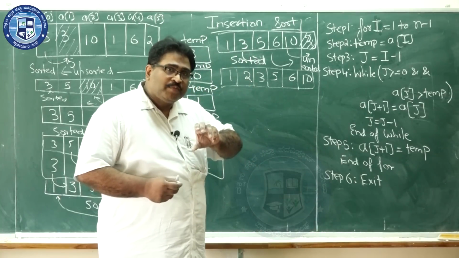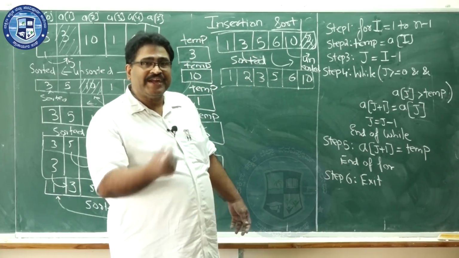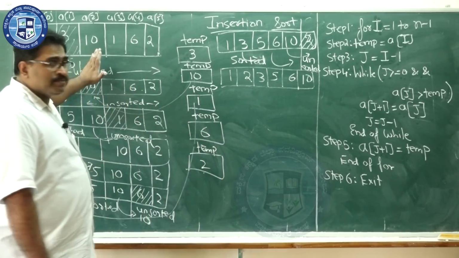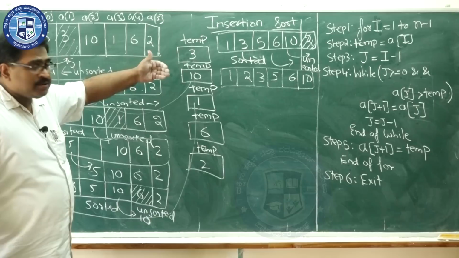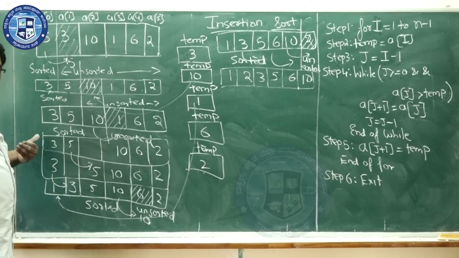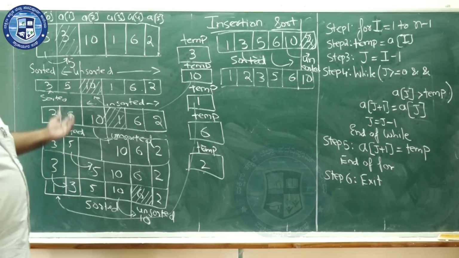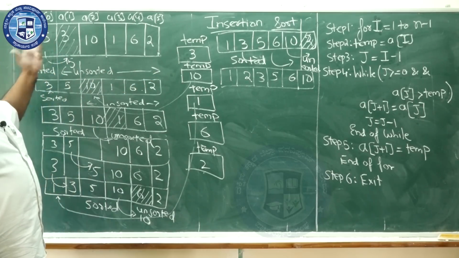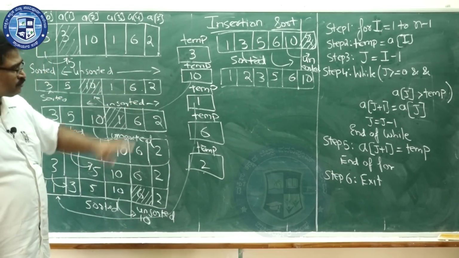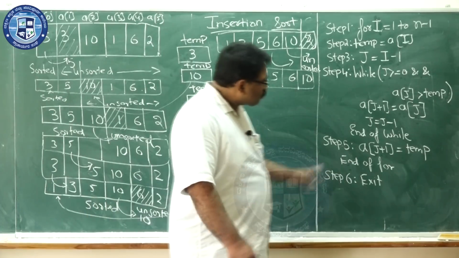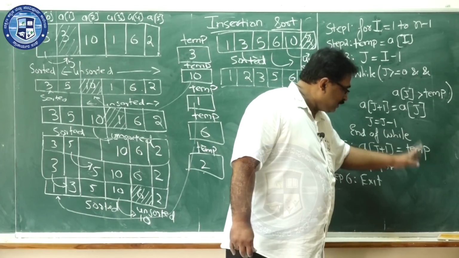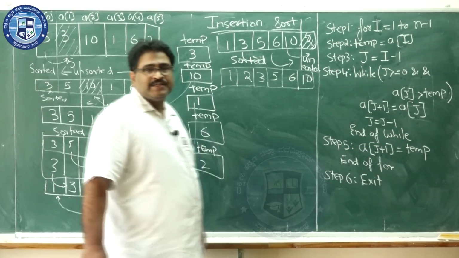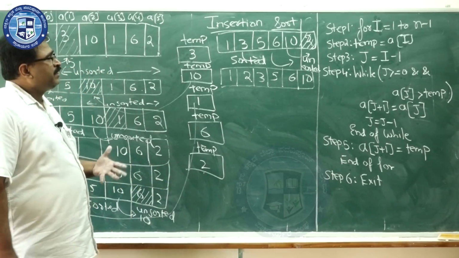We are shifting it by one position towards the right side. And then J will come down still, and finally, once everything is over, we transfer this value to the position where it has to be transferred. So that is A of J plus 1 is equal to temp. So that is important, right?